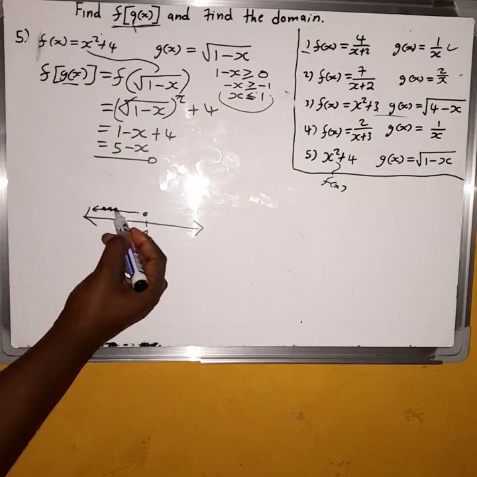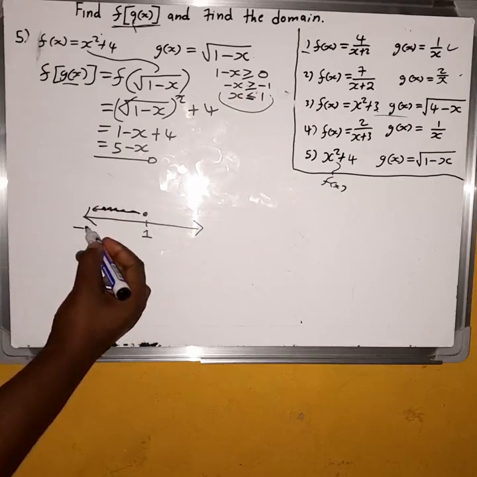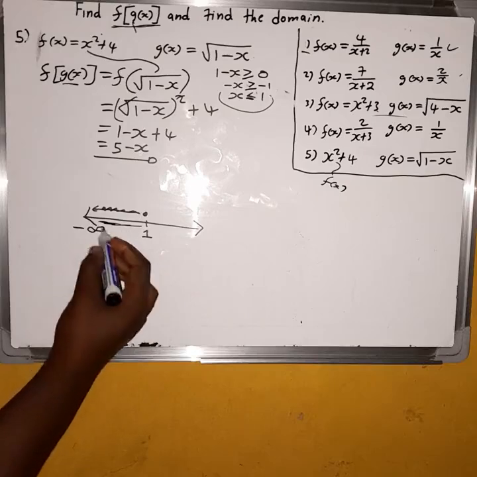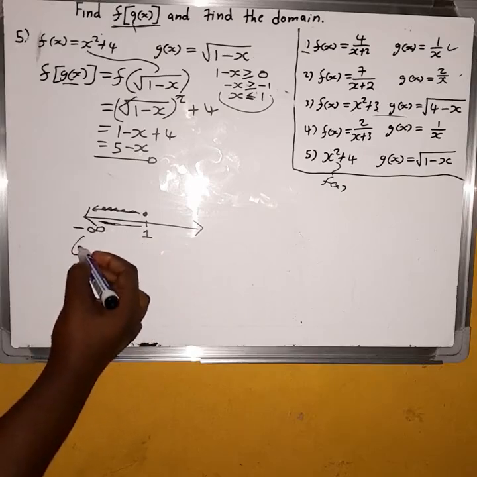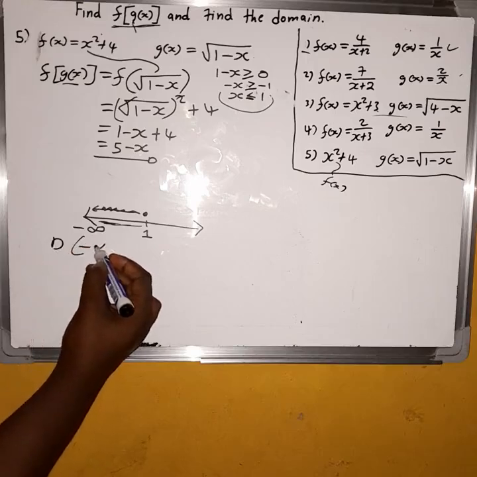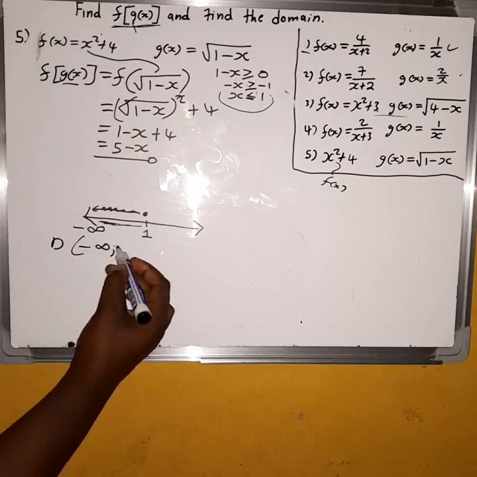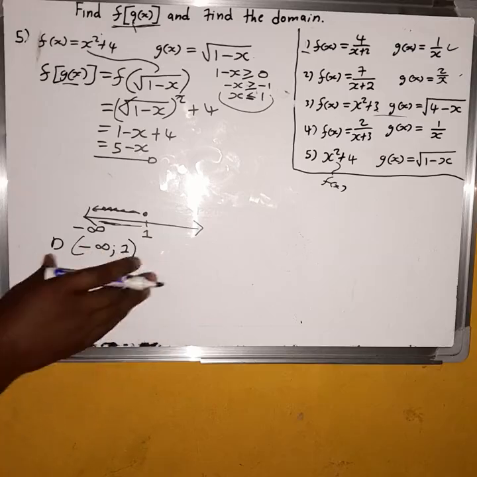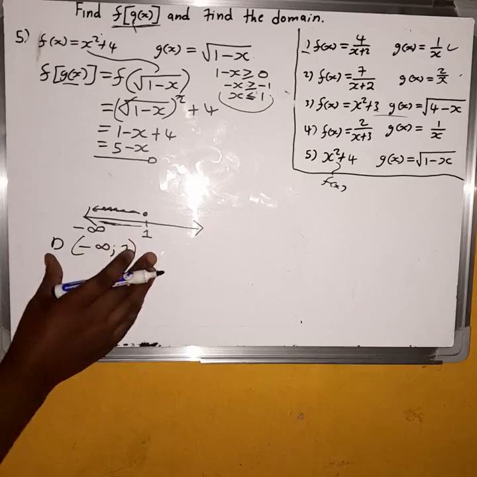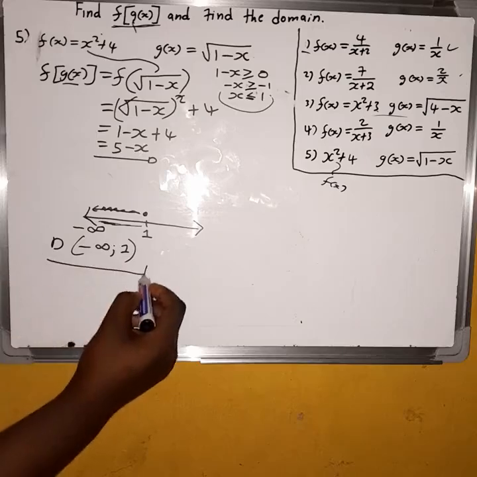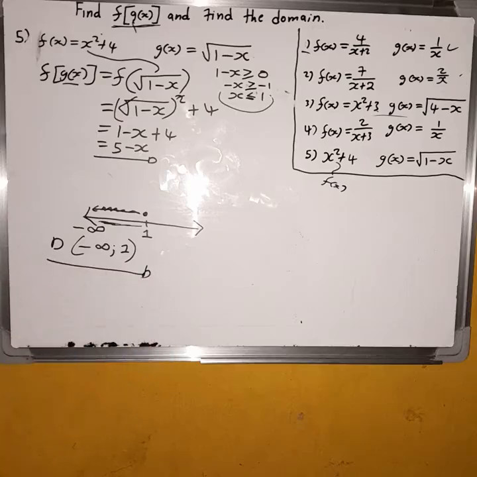X can be any value from negative infinity until there. That means our domain can be any value from negative infinity up to 1, included. For the infinity you use the open bracket, since it is not included. Then this is our domain there.